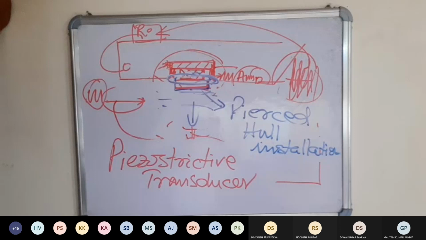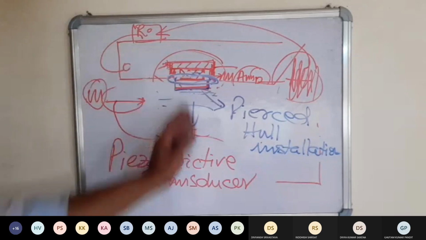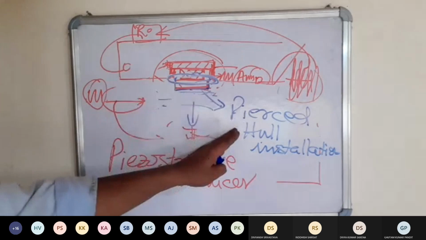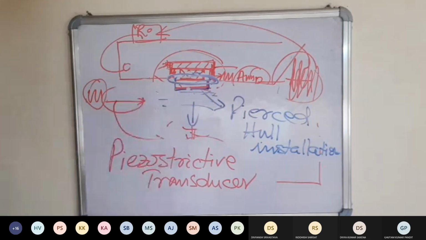That means it cannot be repaired while afloat. It can be repaired only when in dry dock, क्योंकि हम इसको हटा के खोल नहीं सकते, खोलेंगे तो पानी घुसेगा. So that is the biggest advantage. Sorry, disadvantage. Advantage is that it is very energy efficient.